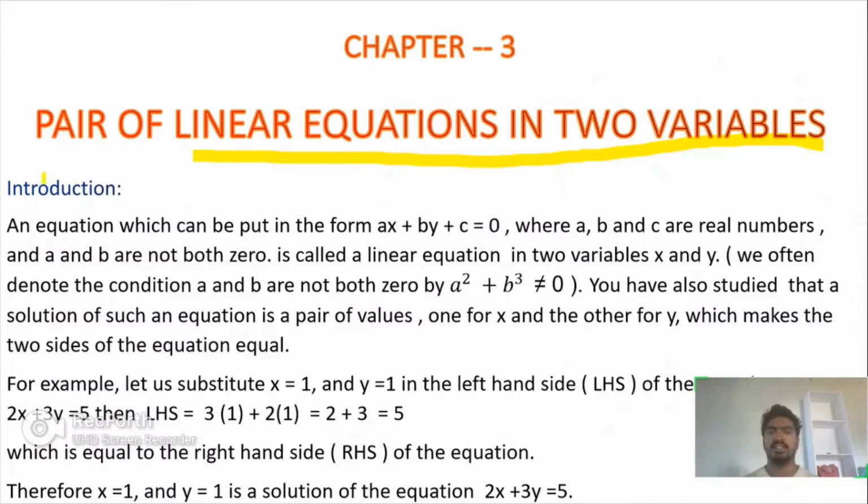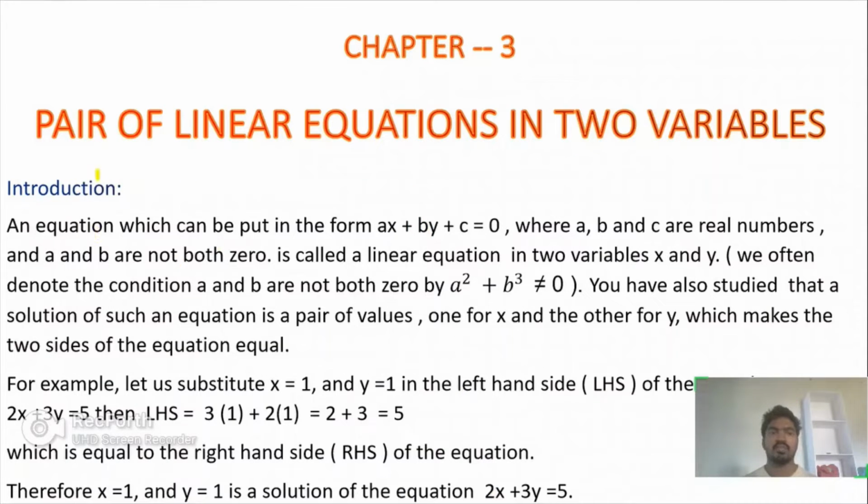Here in this chapter, the title itself says that it mainly deals with the pair of linear equations in two variables. That is, two equations are given, and from the two equations we solve by using some mathematical operations, and we want to find the values of the variables x and y.